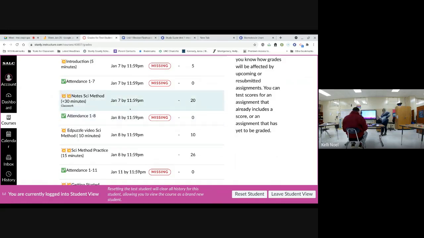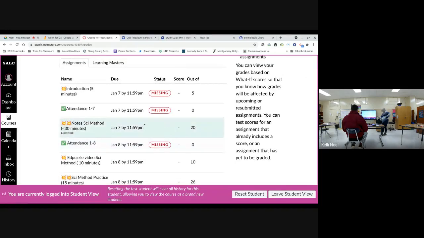I don't set my test student for missings to be zeros, but if it's set for missing, you should have a 0 there. If it doesn't have a missing, it may have a dash here, and that means it's missing. I just hadn't gone in and chosen missing yet. If there's no grade here and it's a dash, it hasn't been turned in.